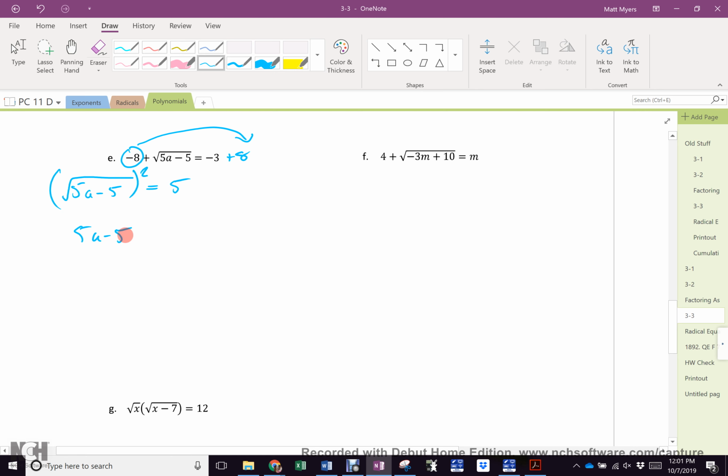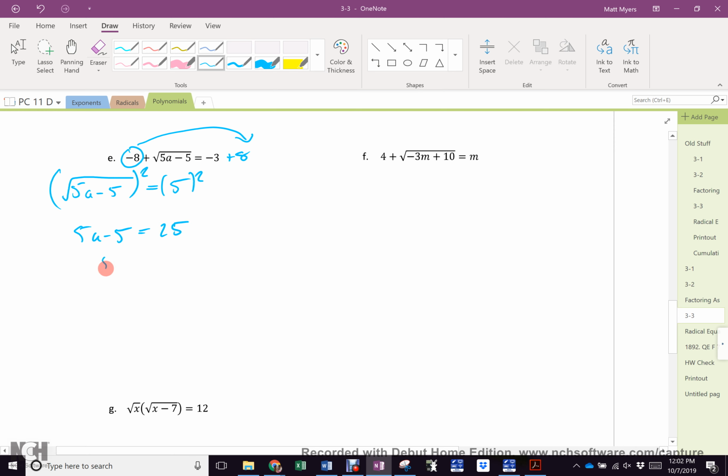Okay, and we know from algebra, if I do anything to one side, what do I have to do to the other side? Same thing, or it won't be equal anymore, will it? Right? So I got to square this side. Everybody still okay? All right. So now this looks like a grade 8 algebra question, doesn't it?